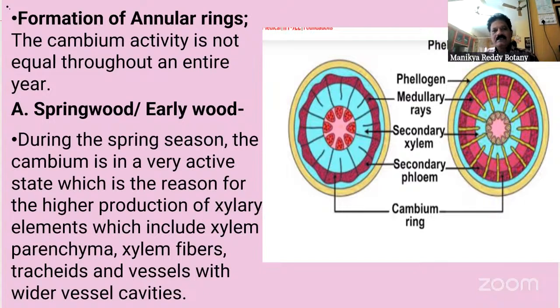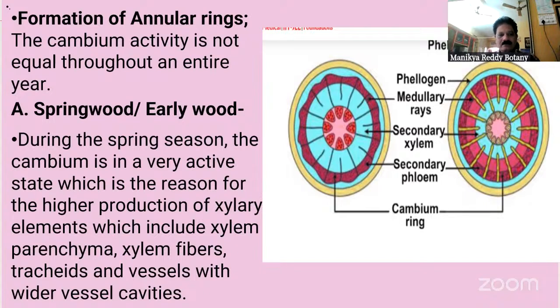But in the autumn season, the plants lose leaves, they shed leaves, they shed flowers. They don't need much water, and more supply of food is not necessary because there are fewer plant parts. That's why the activity depends upon the seasons.